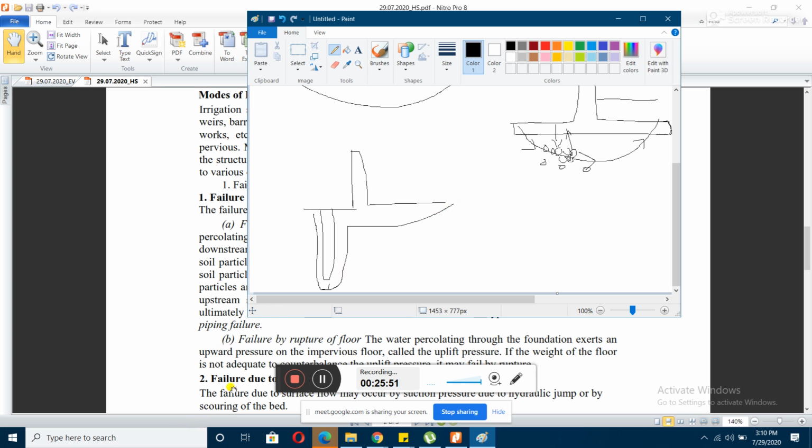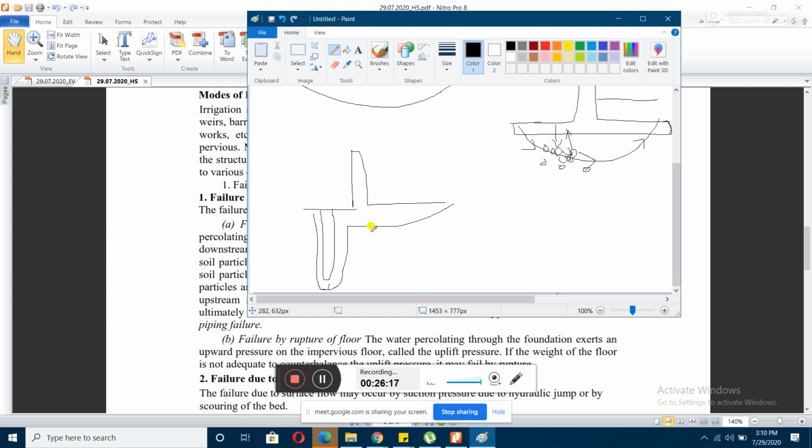So we provide piles, which increases the seepage path length, and due to this a lot of head is lost in seeping.